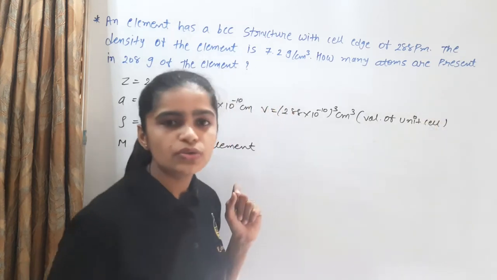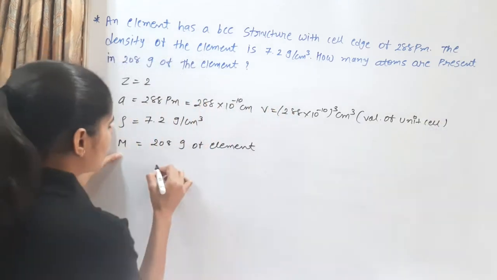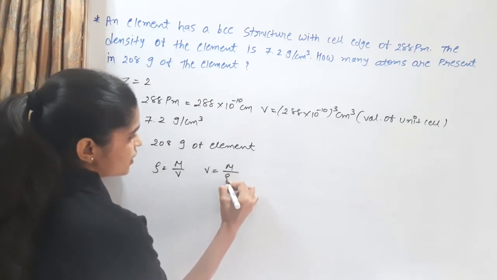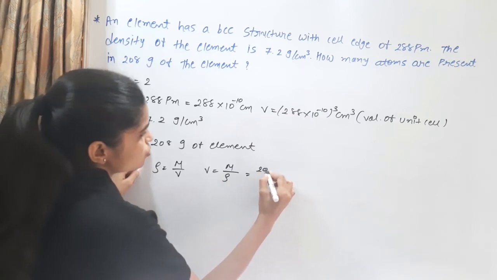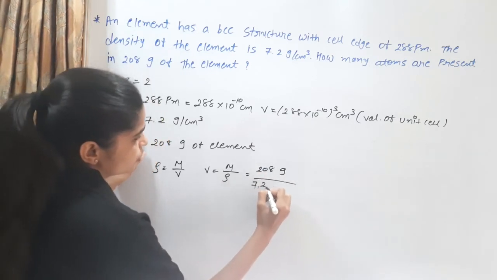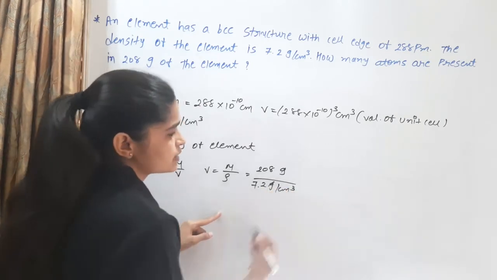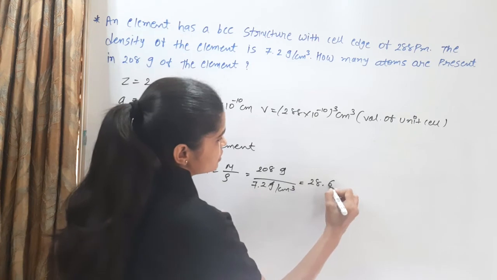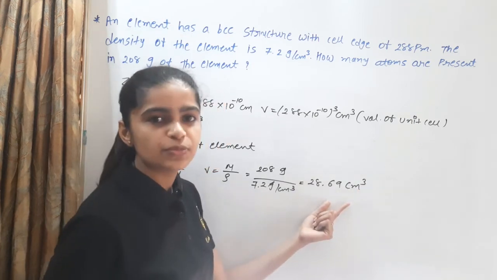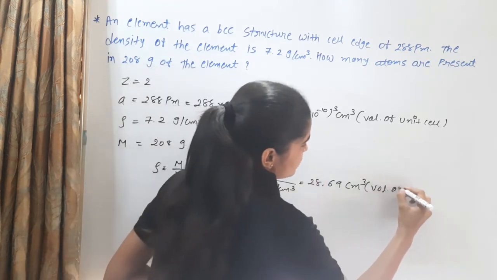We know rho is equal to M by V, so V is equal to M by rho. M is 208 gram and rho is 7.2 gram per centimeter cube. Gram cancels out and the value is 28.69 centimeter cube. This is the volume of the element.